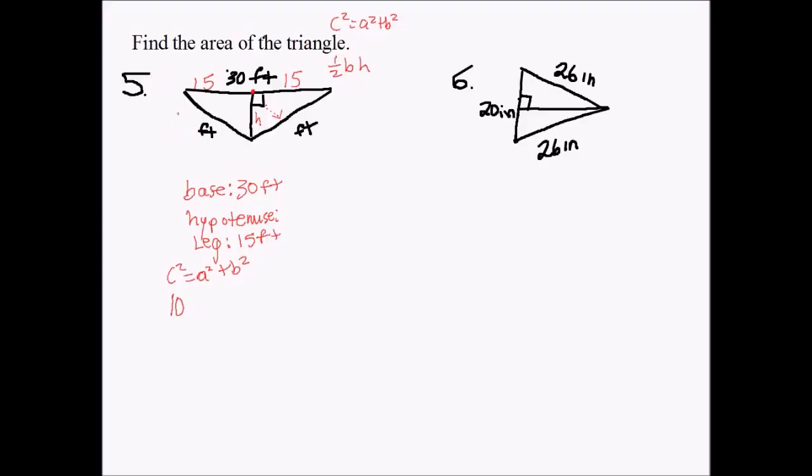So consider this 18 feet and consider this 18 feet. So our hypotenuse has to be 18 feet. Our leg is going to be 15, the one that we do know. So I have here c squared equals 18 squared, and our a squared, the one that we do know, let's call that 15 feet, plus b squared, which is going to be h squared.